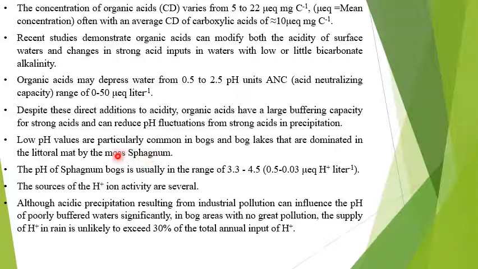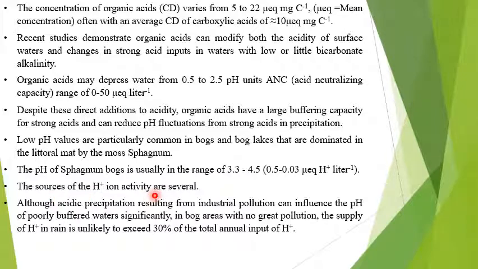When the moss sphagnum is there, it means that is acid water. The pH of a sphagnum bog usually ranges from 3.3 to 4.5, which is very low and very acidic water.